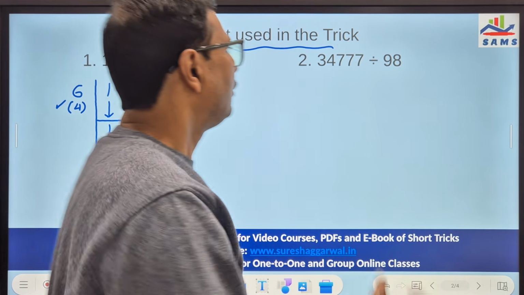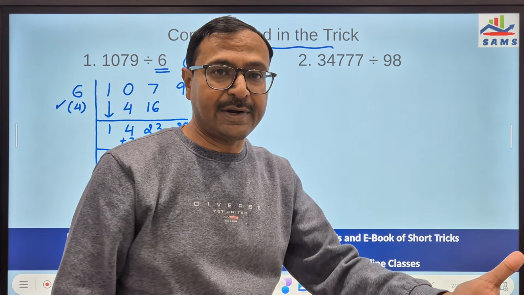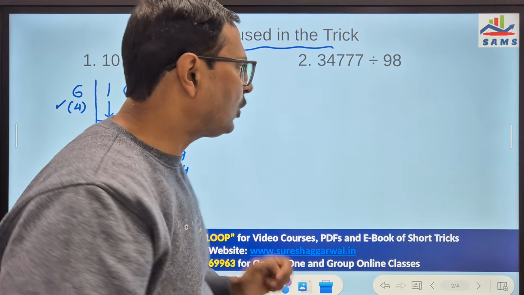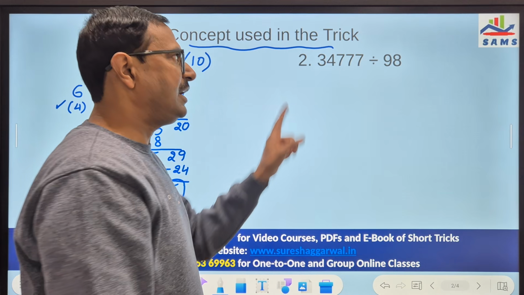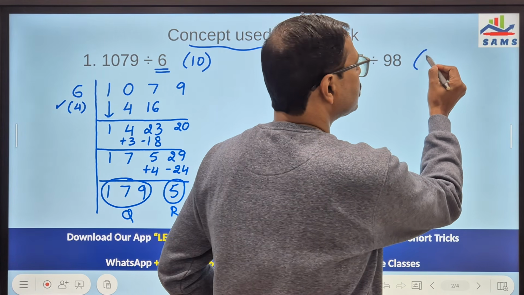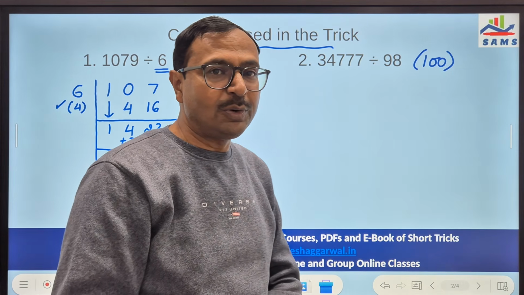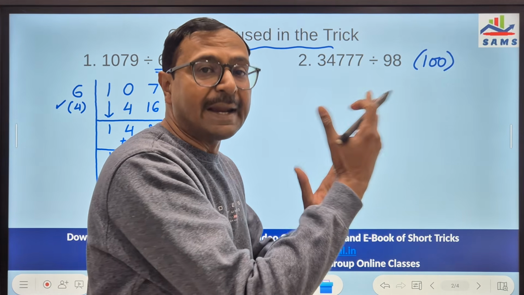But does it work for numbers which are very close to 100, like 98? So we have to check this now. What do we do here is, this number, the dividend 34777, now because 98 is close to 100 has two zeros, right? We will make pairs of this dividend from the right hand side.